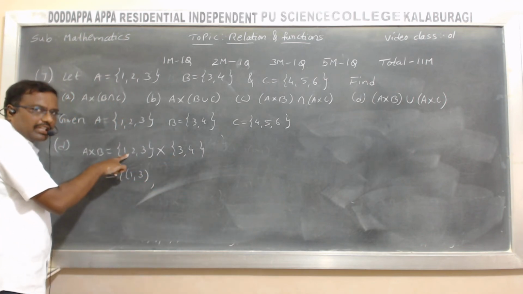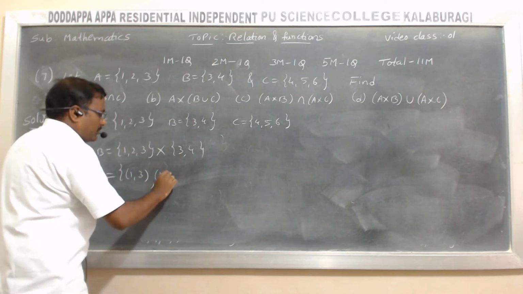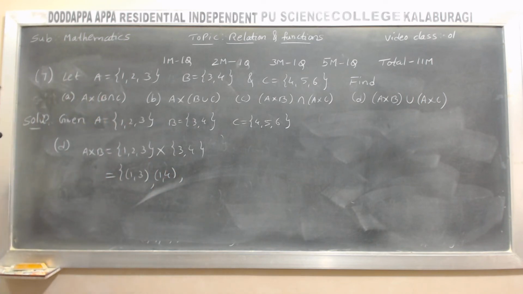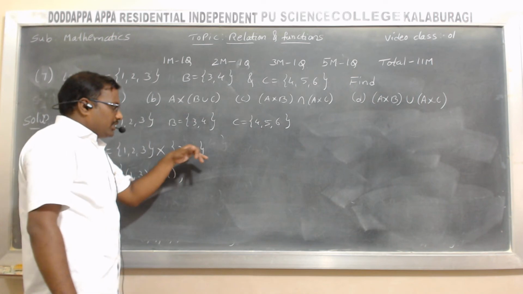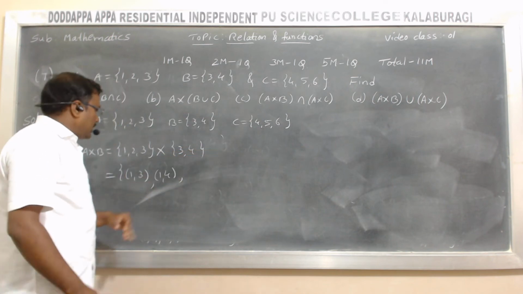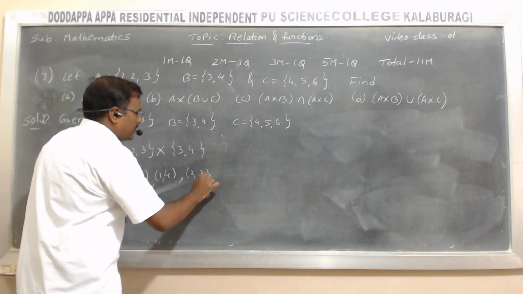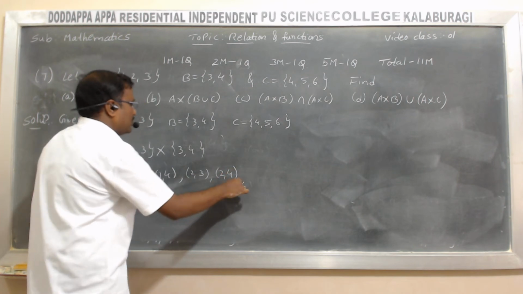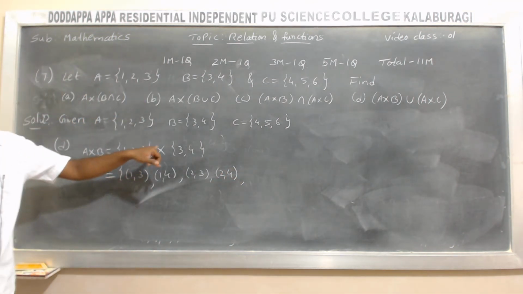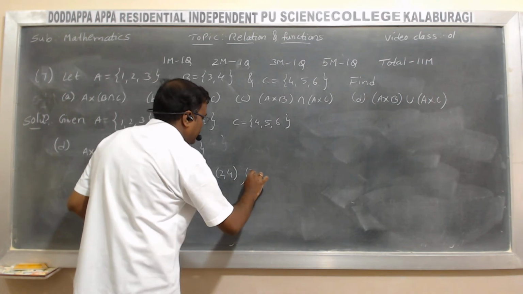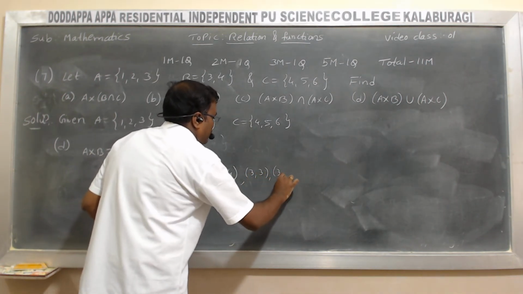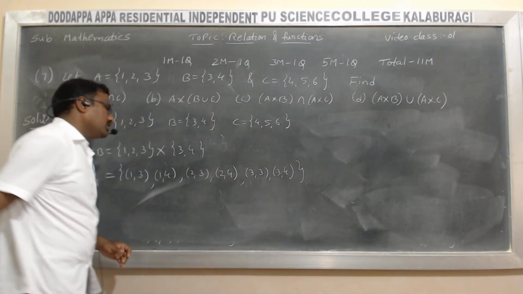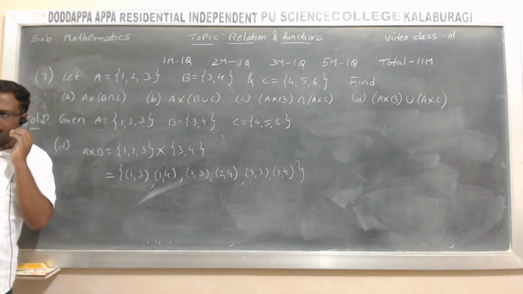Here the first element related to the second element: (1, 4). Next, similarly, take the second element related to these two elements, that is (2, 3), (2, 4). Similarly the third element is related to these two elements, that is (3, 3), (3, 4). Okay, you find the value of A cross B.